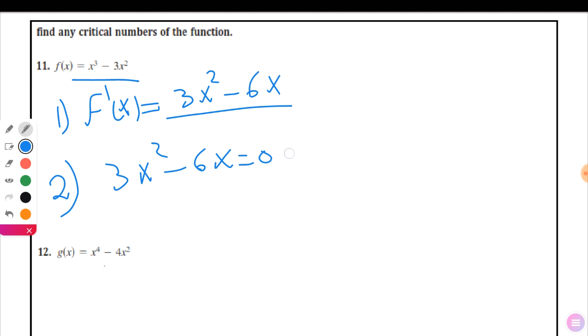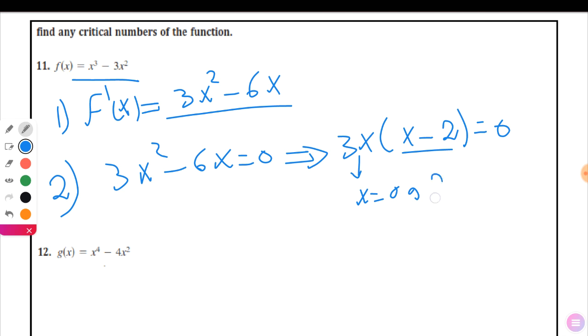This implies taking 3x as a common factor, x minus 2 equals 0. So the critical numbers are x equals 0 and 2, the zeros of the first factor and the zeros of the second factor.